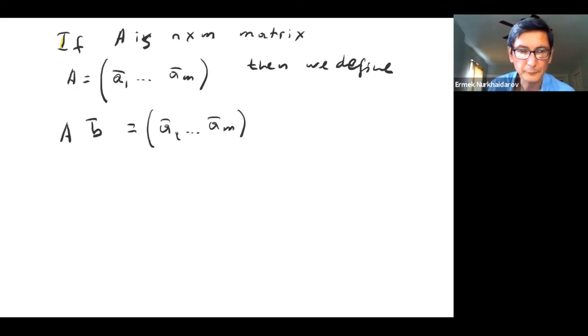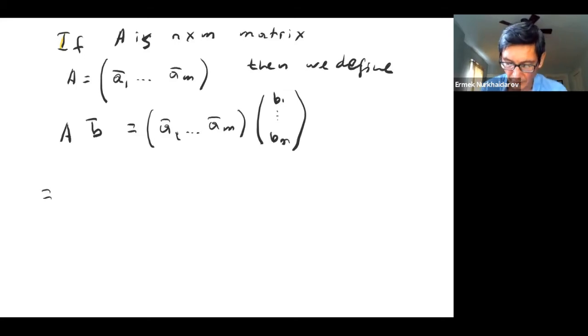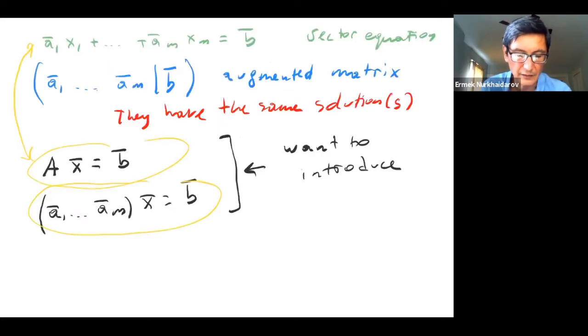Now you want to be careful. The vector is going to have m entries, and the product is going to be equal to what we had just a second ago, the line on the left side.